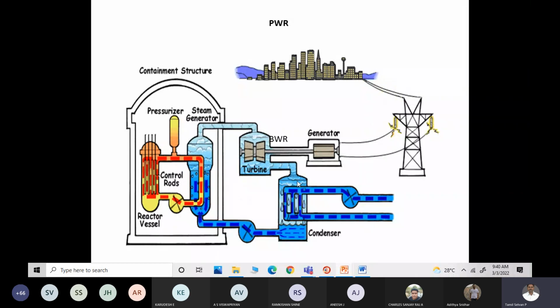And again, the low pressure steam flows over the condenser tubes, so that it loses its heat energy to the cold water which is circulating inside. That's why I told you the example of hot water in a tumbler and cold water in a tumbler. In case of hot water, the surrounding atmospheric air gets heated up, and heat transfer occurs from the hot water to the surrounding atmospheric air.